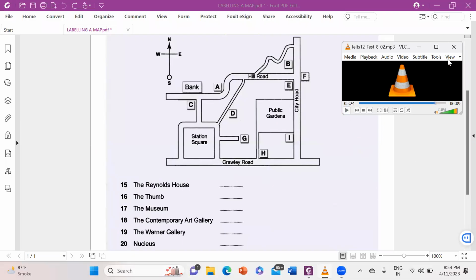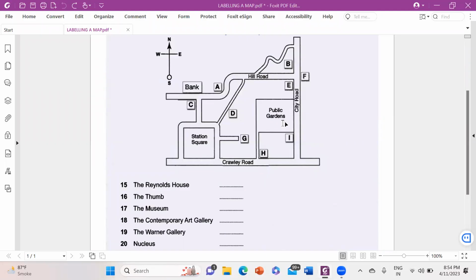Okay, guys. So, guys, let me know. What is the answer to question number 15? Not bad.